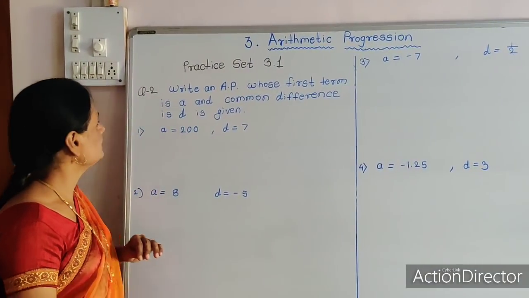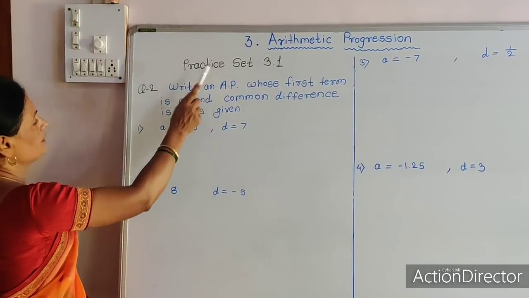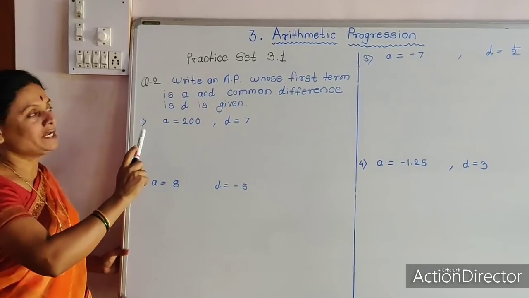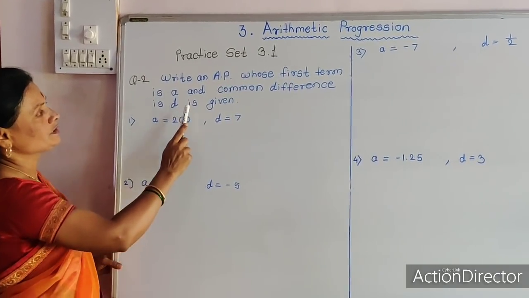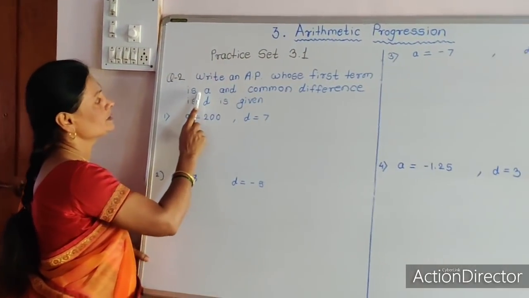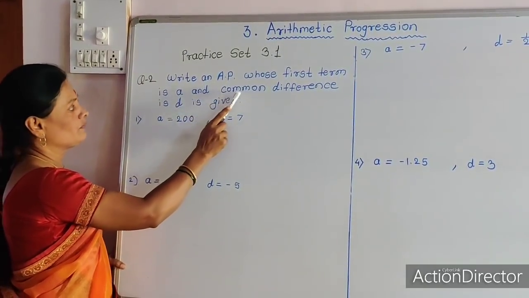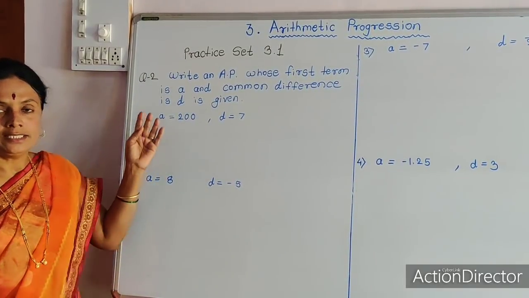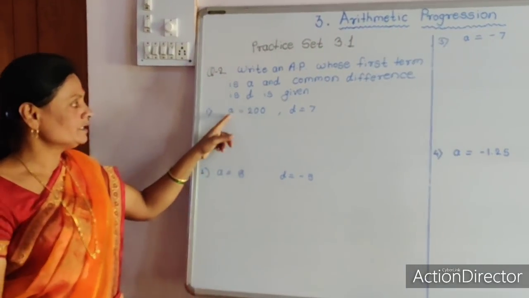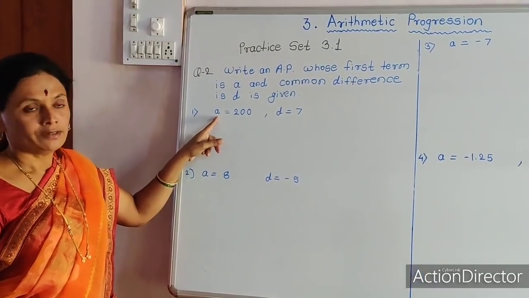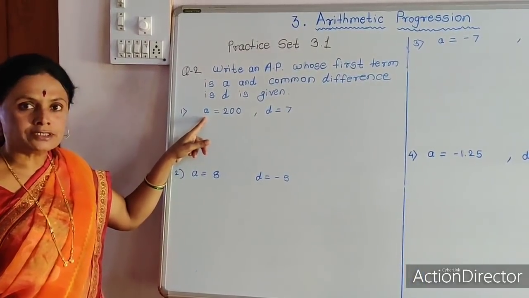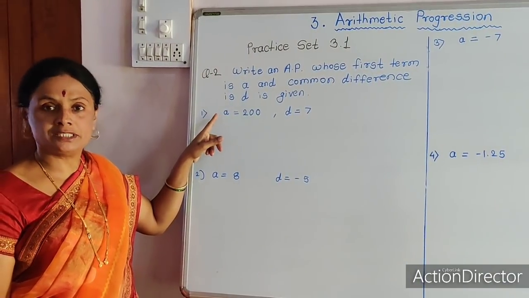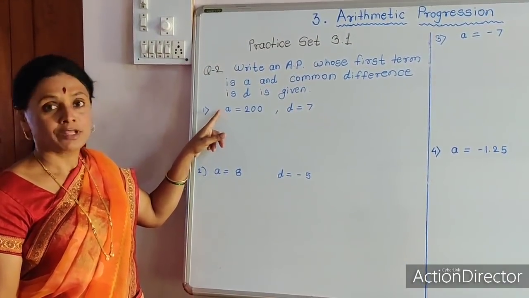The next question in practice set 3.1 is question 2. Write an AP. We have to write an arithmetic progression whose first term is A and common difference is D. Here in this example the first term A is given. We say the first term T1, second term T2, third term T3 and so on.